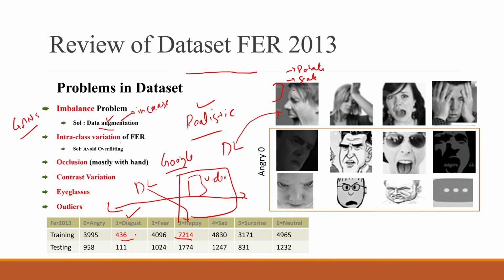Similarly, we have intra-class variation in FER. As you can see over here, all of them belong to angry, but intra-class variation means that some are black and some are white. A lot of variation is there, and similarly, some belong to painting, some belong to cartoon, and these are a lot of intra-class variation. Intra-class variation means inside the class we have a lot of variation.